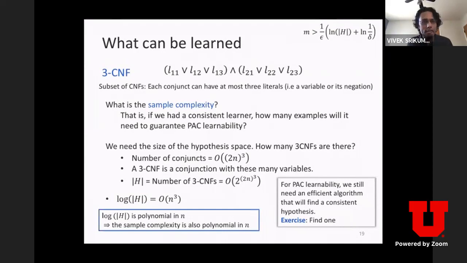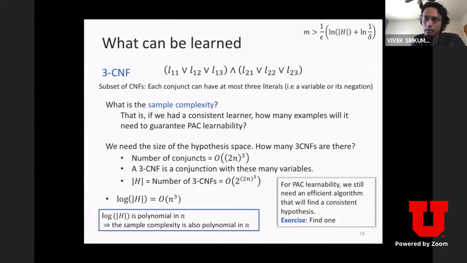For the complete definition of PAC learnability, we also need to invent an efficient algorithm that can find a consistent hypothesis. I'm not going to tell you how to do it. It's kind of fun to think about how this would work, and it's an interesting exercise. So I'll leave it for those of you who are interested.